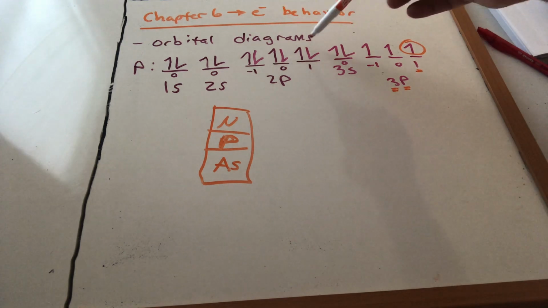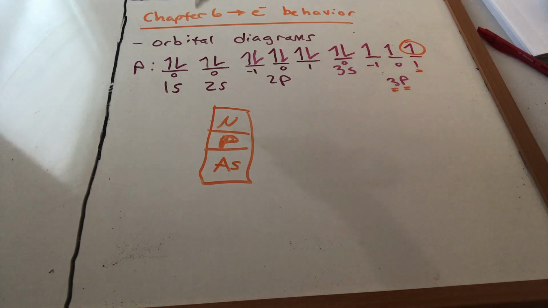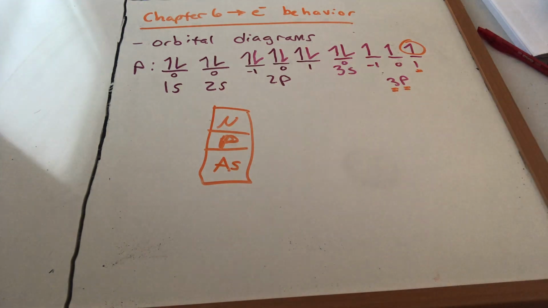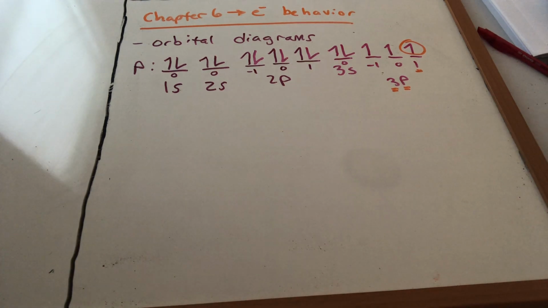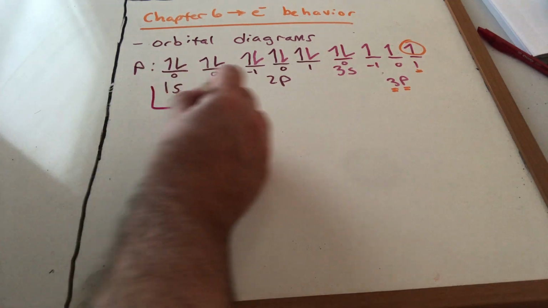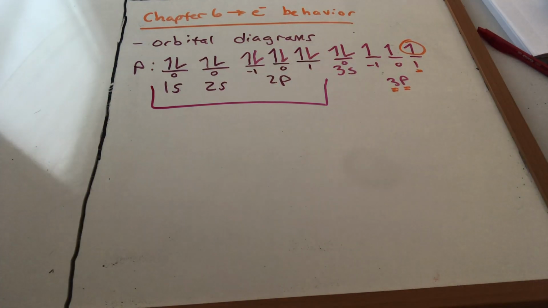Because N had a certain structure, and then P had a certain structure, As is going to have the same structure, right? And so what we can do is simplify our notation a bit. You notice here how we switched to a new n after we got done with the noble gas.